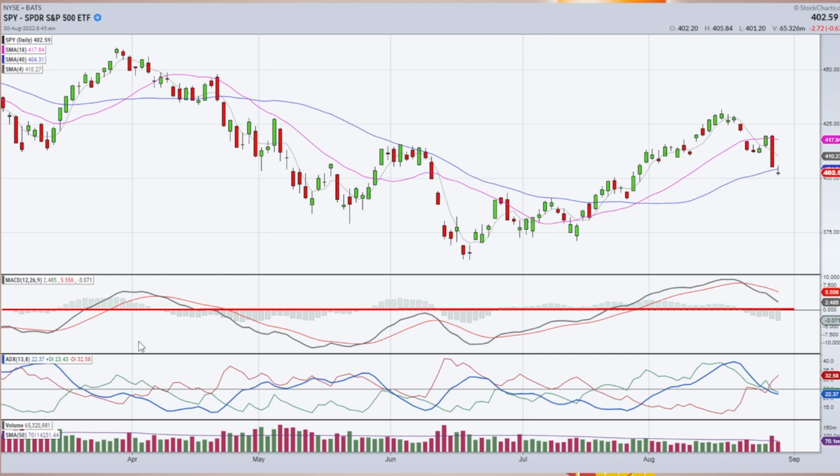or a seller. When we define MACD, the black line is the MACD line itself, and that's showing the difference between the 12 and the 26 exponential moving averages. And then the red line is a signal line, which is a 9-period exponential moving average of the black line.